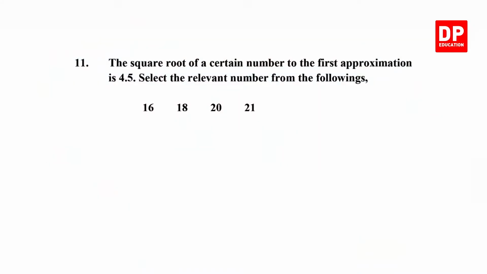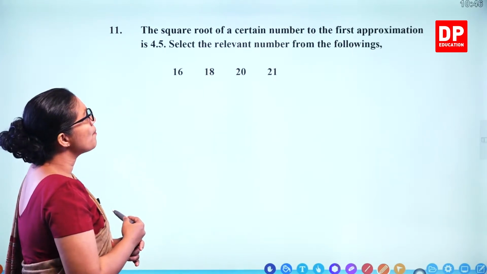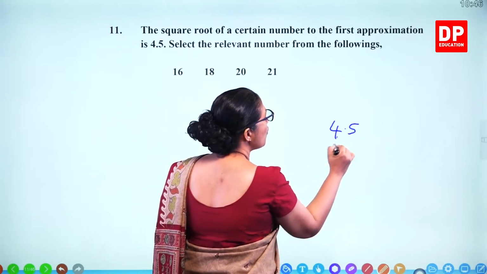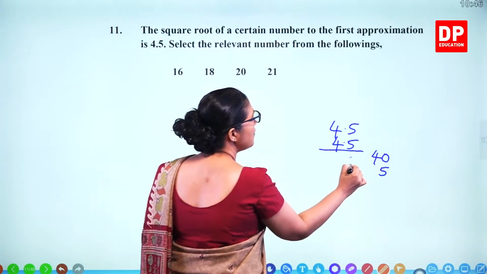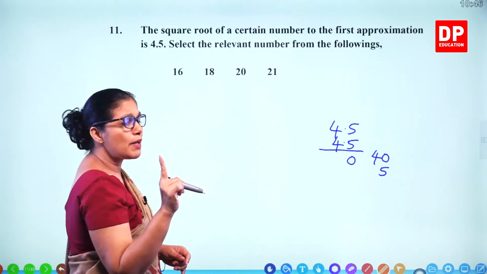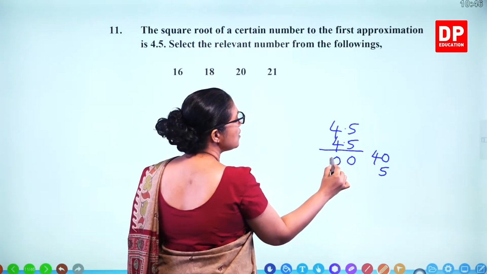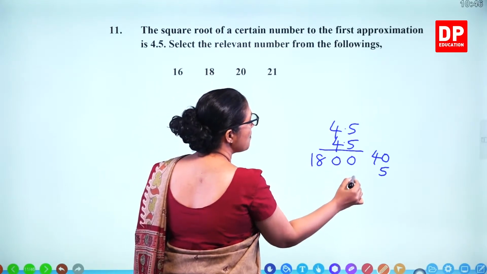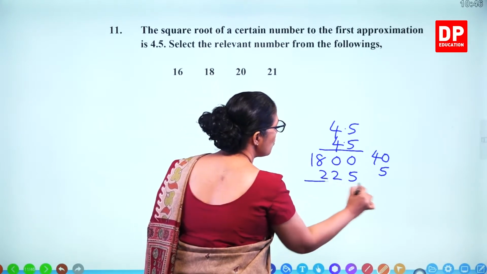Question number 11. The square root of a certain number to the first approximation is 4.5. Select the relevant number from the following. So 4.5 multiplied by 4.5, what do you get? Multiply 45 and 45, and later you can keep the decimal point. 5 times 5, 25, put 5 and carry 2. 5 times 4, 20 plus 2, 22. 4 times 4, 16 plus 2, 18.